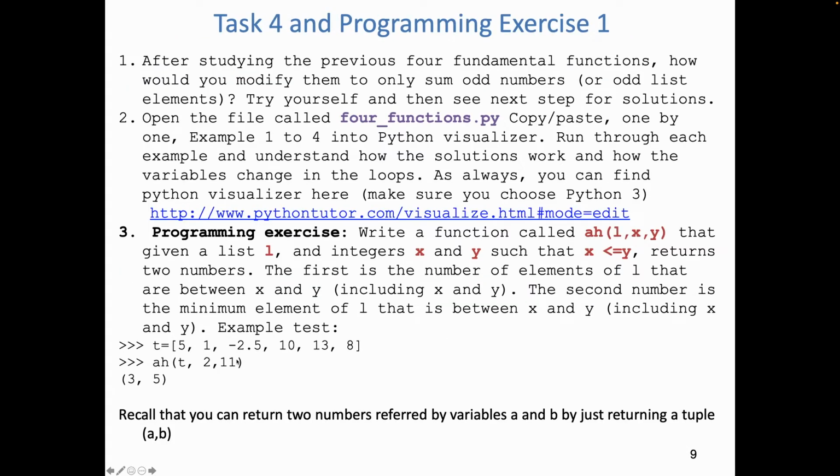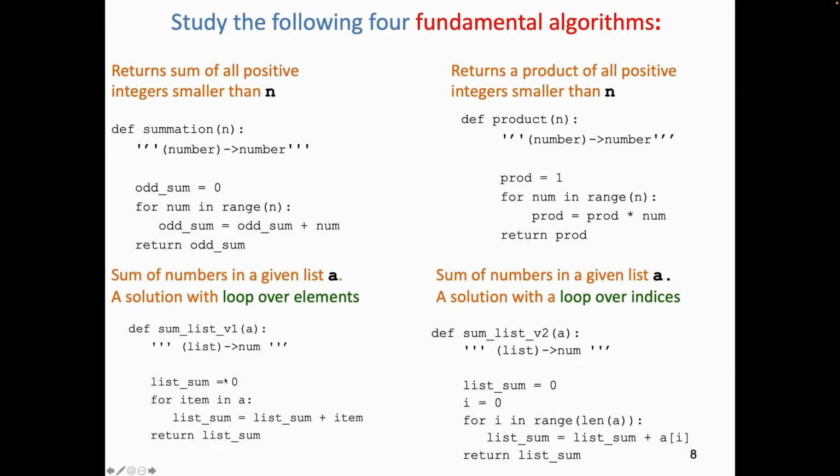Firstly, we assign 0 to the variable listsum, and then we write a for loop. For each element in the list A, we add the element to the variable listsum, and finally we return the listsum variable. Next, the sum of numbers in a given list A, a solution with a loop over indices.